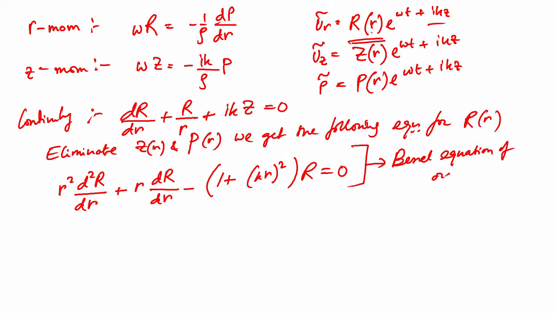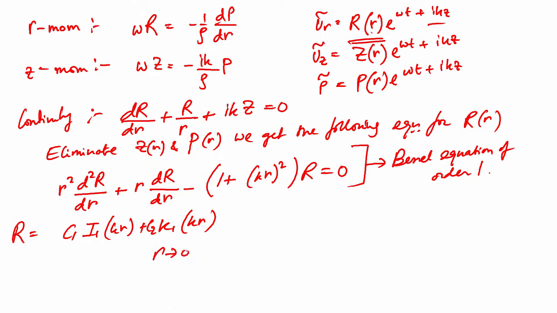So, this equation becomes essentially the Bessel equation of order 1. It may be written in terms of modified Bessel functions of the first and second kind, that is, as a sum of C1 I1 k r plus C2 K1 k r. But as r tends to 0, where of course the equation has to be defined, K1 tends to infinity.